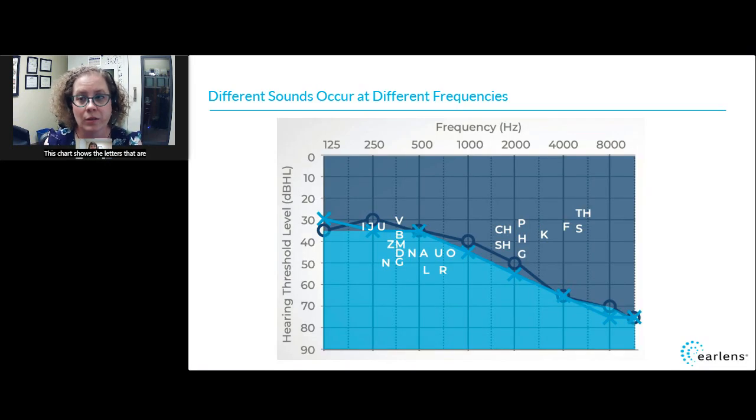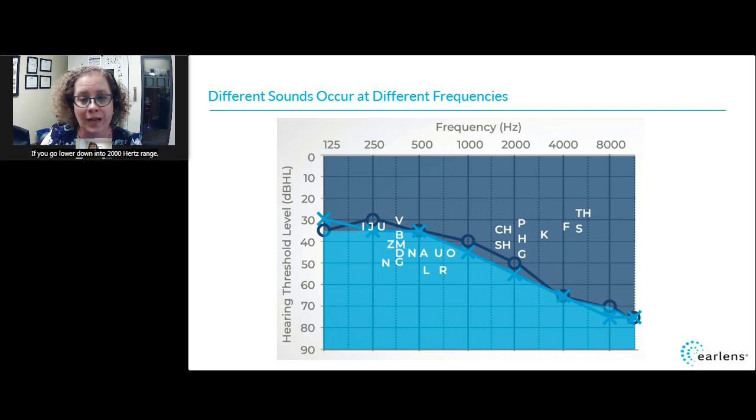This chart shows the letters that are produced in the higher frequencies, the middle frequencies, and lower frequencies. You can see that the sounds like these occur in the higher frequencies, and these are typically the hardest sounds to hear, and these are your clarity sounds.